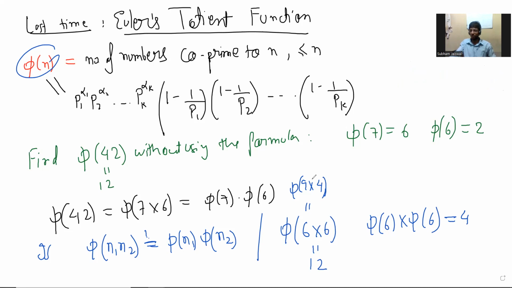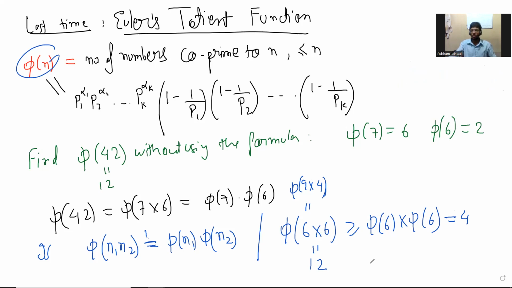Then you're getting that it is true, but when you do 6 into 6, then it's not true. So then what is the explanation? They must be coprime. So that's the guess, right? And now you should try to explore this further and establish this fact.